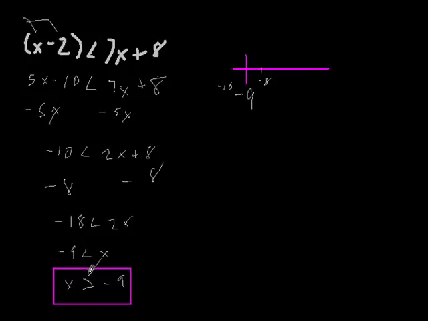Since I'm dealing with an inequality that says x is greater than but not equal to negative 9, I'm going to place a parenthesis on spot negative 9, and it's going to be open towards the right side of the graph.